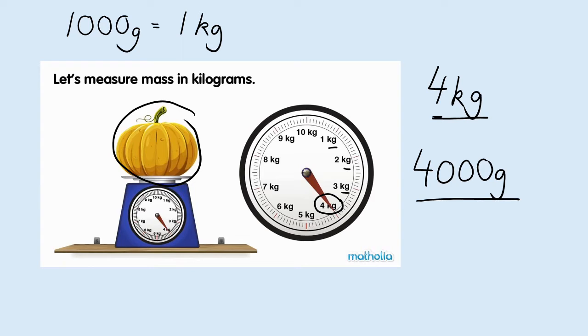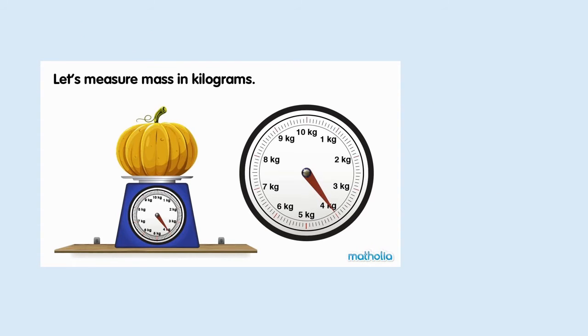I hope that you found this helpful, seeing how you can write it in both kilograms and grams. We will quickly have a look at one more. Let me clear all of this. Let's ignore this for a moment and pretend that I had something that weighs 500 grams.